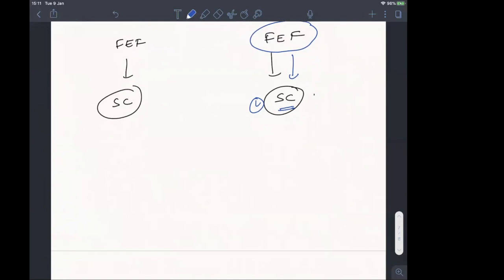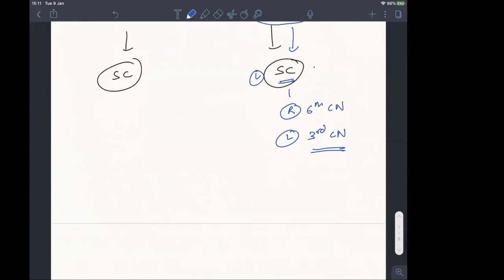It basically has to do two things. It has to tell the right sixth cranial nerve and your left third cranial nerve. Okay. If you remember, if you want to look to the right, your right lateral rectus and left medial rectus have to act.